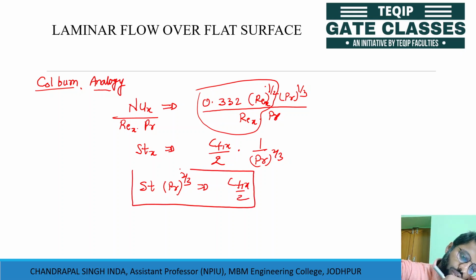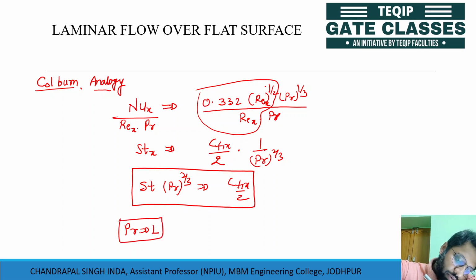The result obtained by the Colburn analogy and the Reynolds analogy will be equal when the value of Prandtl number is 1. If you put Prandtl number equal to 1 in the Colburn analogy, then the result will be equal to the Reynolds analogy. As we have said, in the Reynolds analogy the value of Prandtl number is considered as 1, and it can be used only when the fluid is gas.